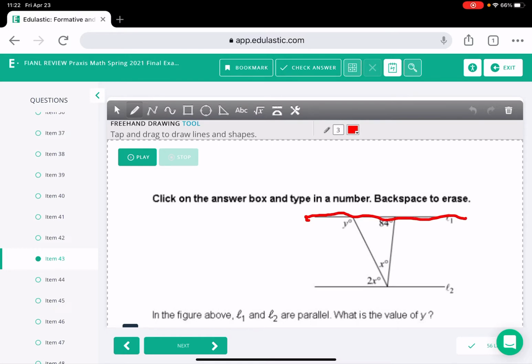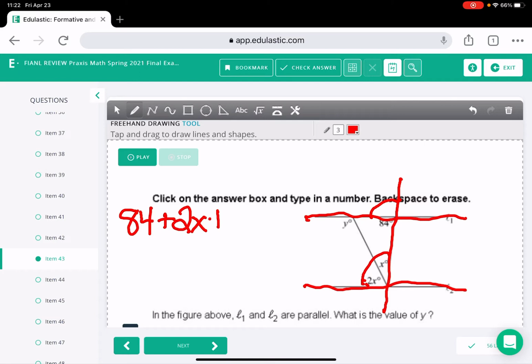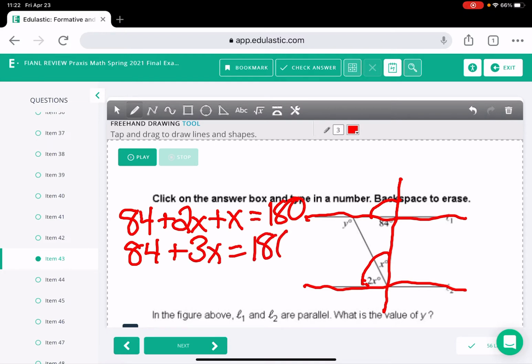This line is parallel to this line, and this transversal is cutting it, which means that this angle and this whole angle is equal. 84 plus 2x plus x equals 180. So we have to solve for that first. So 84 plus 3x equals 180.